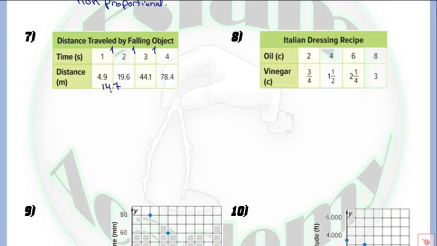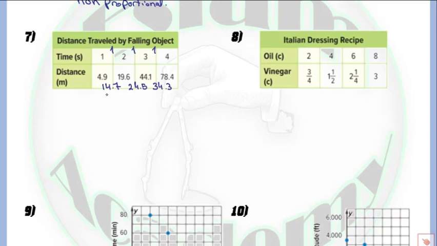So the rate for the first one, 14.7 over 1, which is 14.7. For the second one, 44.1 minus 19.6. By subtracting, you will find that the answer will be 24.5. 78.4 minus 44.1. By subtracting, you will find that the answer will be 34.3.